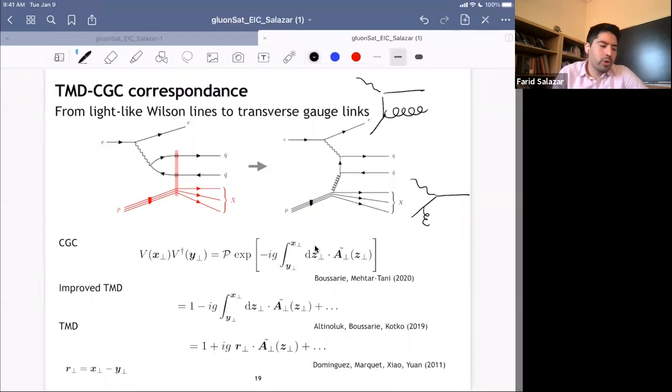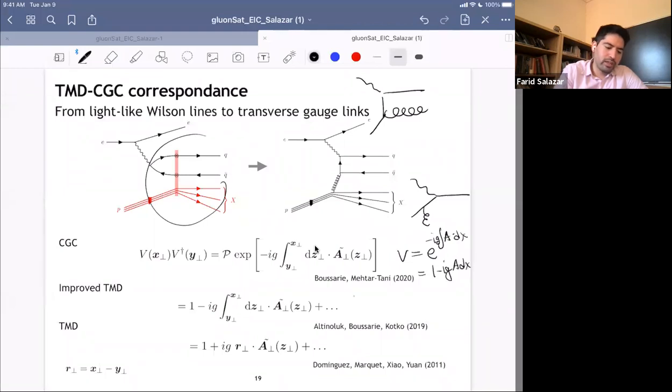Because I can show explicitly that if I expand these Wilson lines, right? So if I have this V as this exponential with path ordering, and I expand this to lowest order, I have 1 minus igA dx.